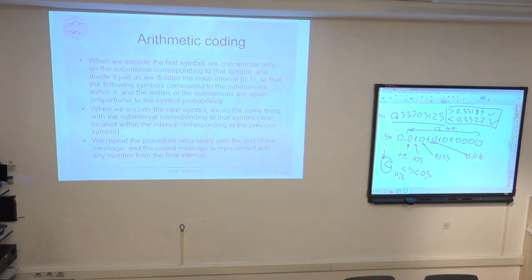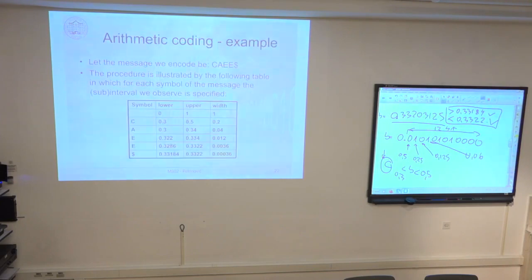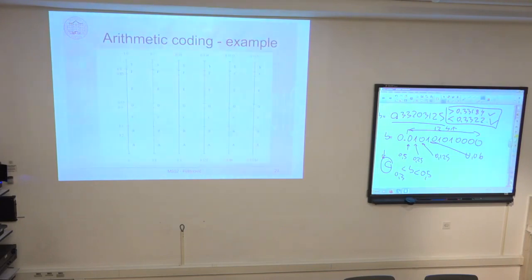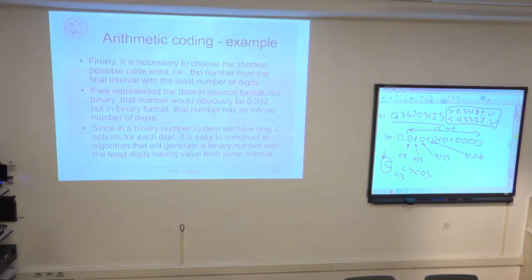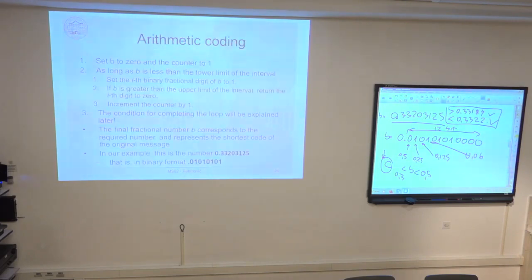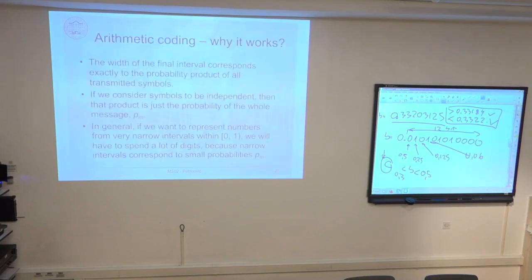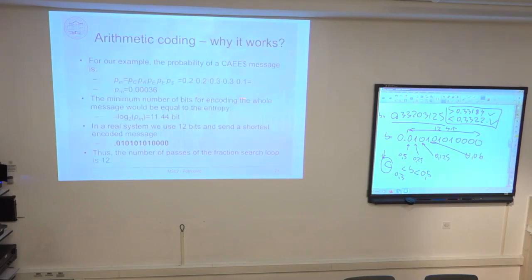Okay, so that is the arithmetic coding. Now, the final question we have to ask is how suboptimal this kind of entropy coding based on arithmetic coding is compared to the entropy. The answer is simply based on comparison of these two values.